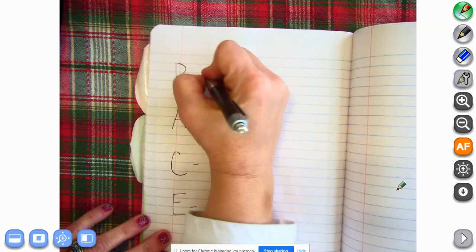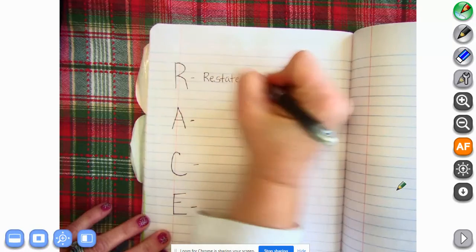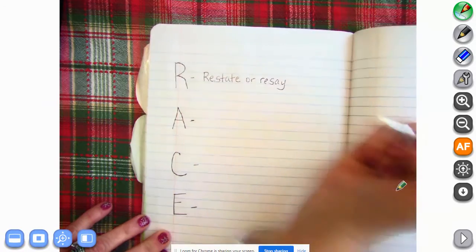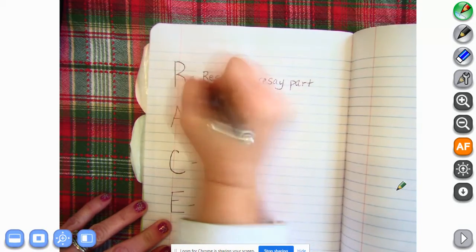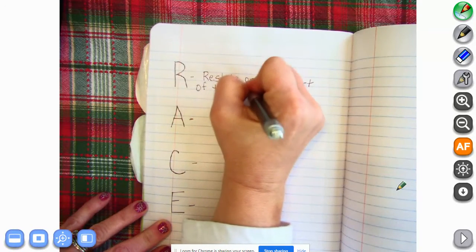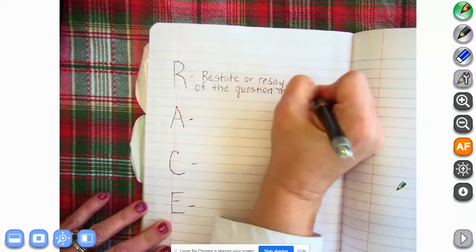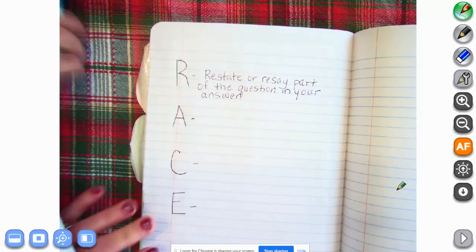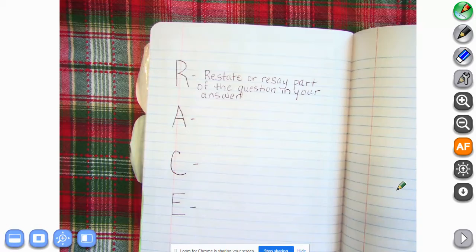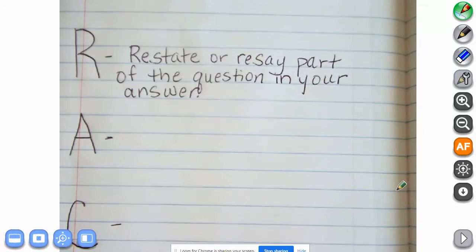R stands for restate, or re-say is another way of saying it, part of the question in your answer. Let me see if I can get closer to get that glare off of there. That's a little better, right?